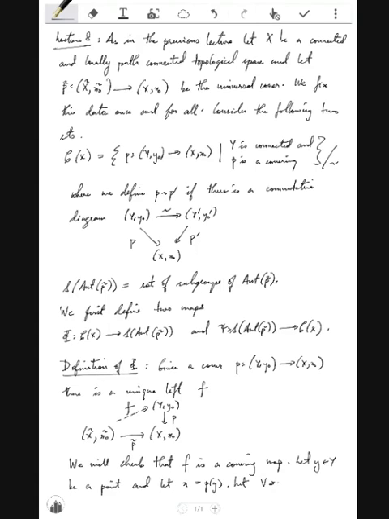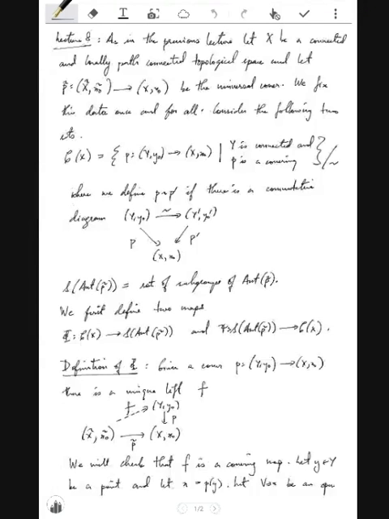So let V containing x be an open set which is path connected and evenly covered by both p tilde and p.